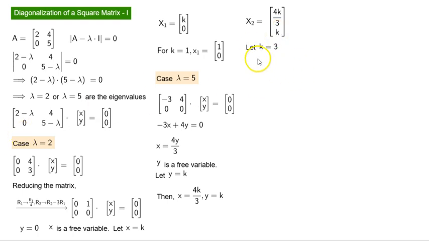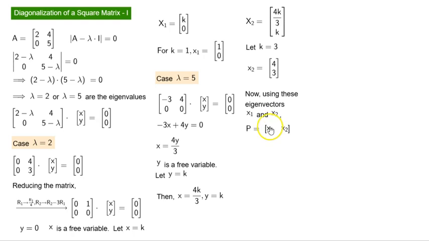And a particular solution, let's say for k equal to 3, we get the 4, 3 vector.